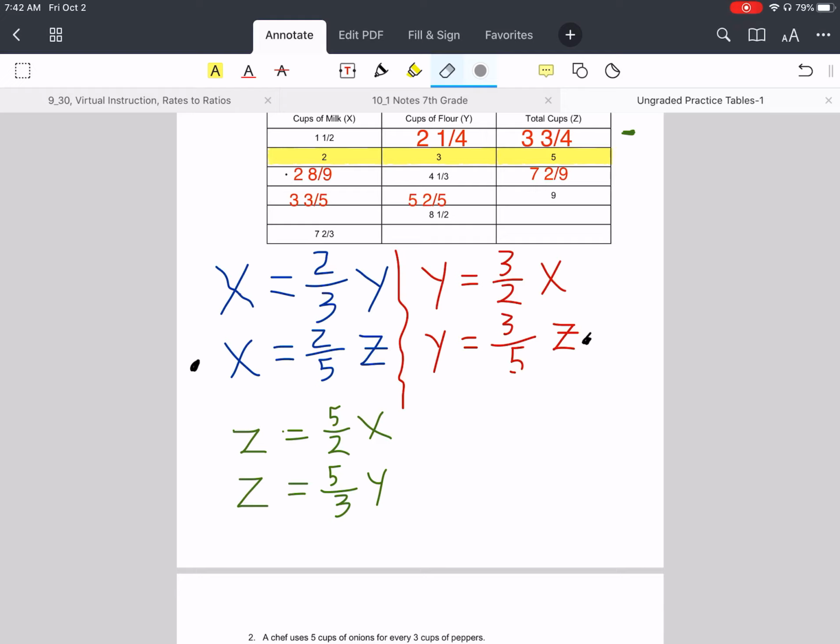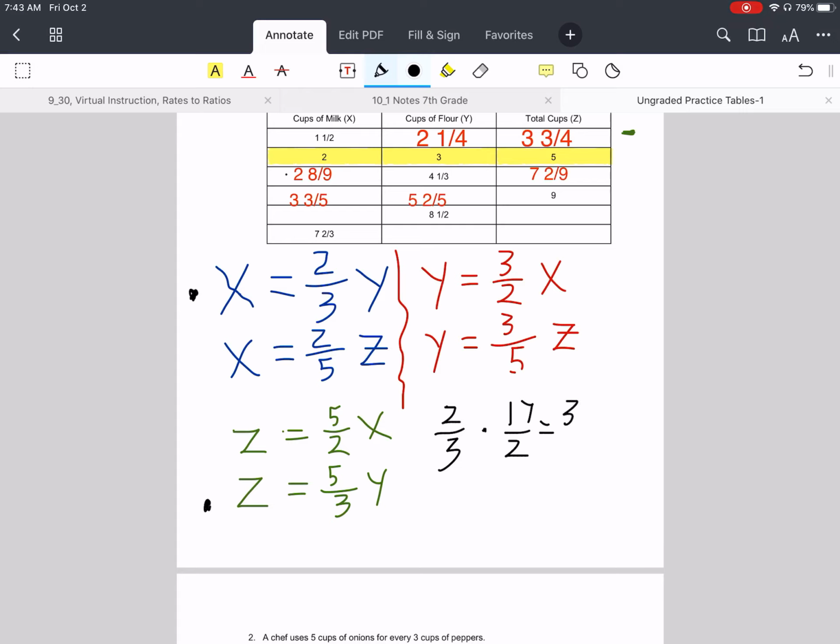Okay, we have a y value of 8 1/2. So we're going to be using the equations where we know the value of y. So x is equal to 2/3 times y, and z is equal to 5/3 times y. So those are the equations we're going to use. So for x, we have 2/3 times 8 1/2, which we know converts to 17/2.